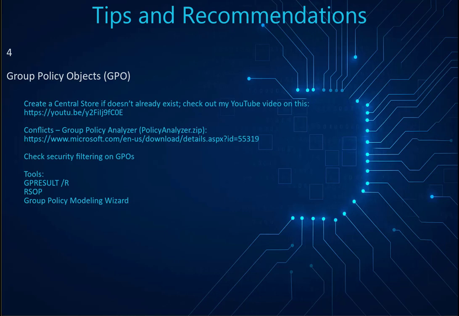It does create problems with group policy replication. If you don't have a central store, you don't have replication between domain controllers, and that's why you might see inconsistency and problems with group policy processing, inconsistency, basically.